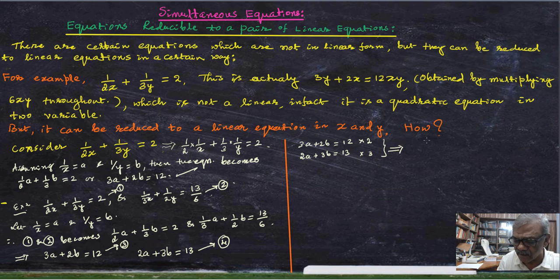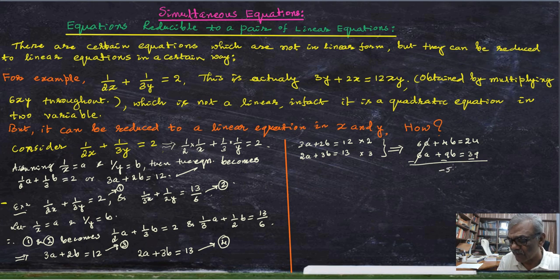We will get 6a plus 4b equal to 24 and 6a plus 9b equal to 39. Subtract one from the other, because the coefficient of a in both cases is 6, so these are going to get cancelled.